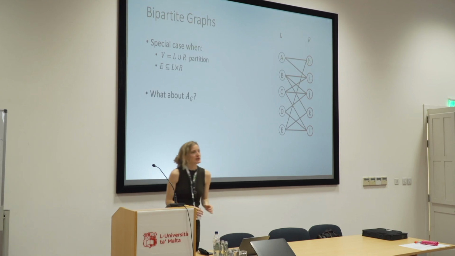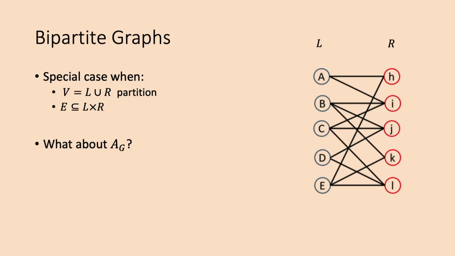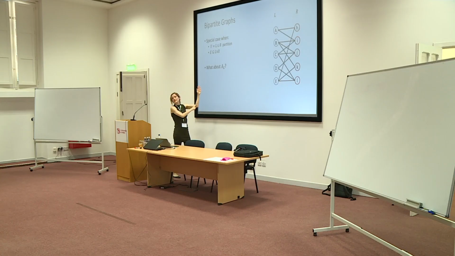Okay, so here's a mini question for you. Remember the adjacency matrix of a graph. This is for general graphs. Suppose that I'm doing the adjacency matrix of a bipartite graph. What's something special about this? Well, remember I've got all of the vertices here and all of the vertices going across.